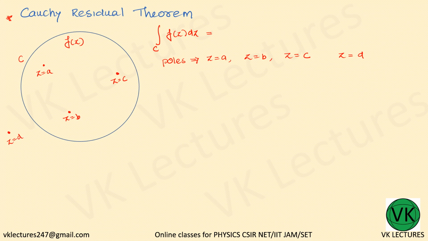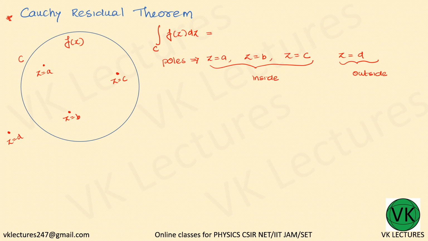So these 3 poles are inside the contour or the circle, and this is a point outside, so we need not worry about the residue or the pole outside the given domain.